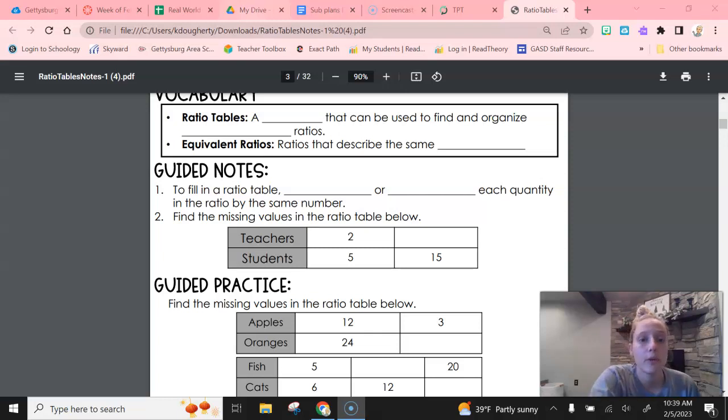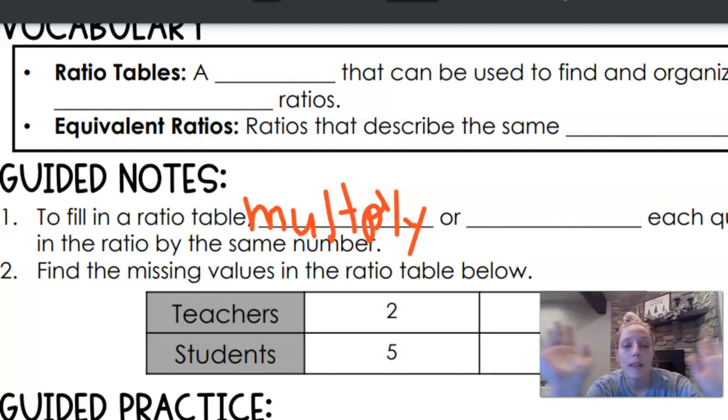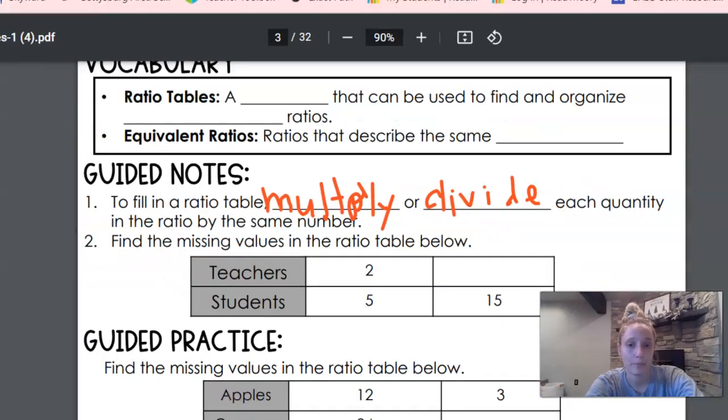To fill in a ratio table, you're going to either make the fraction bigger by multiplying, or you're going to make that fraction smaller by dividing. Okay? So you're either going to multiply or you're going to divide.